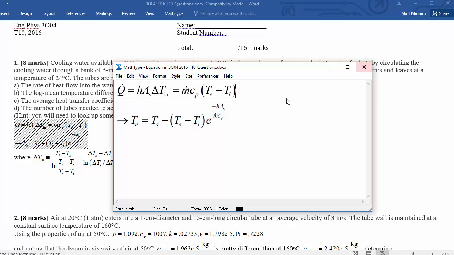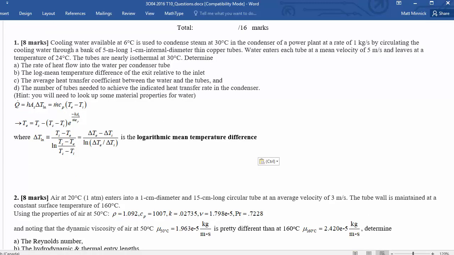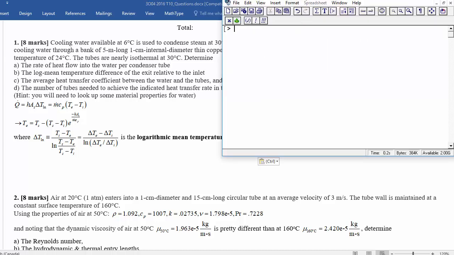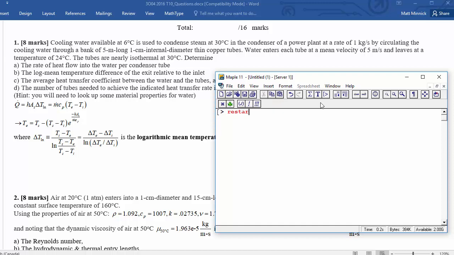So the first thing that we're going to look at in this setup is the total rate of heat flow into each tube. So we have a few different parameters for the water here. Let's just write down what we've got in our computer algebra system. So the inlet temperature is equal to 6 degrees.